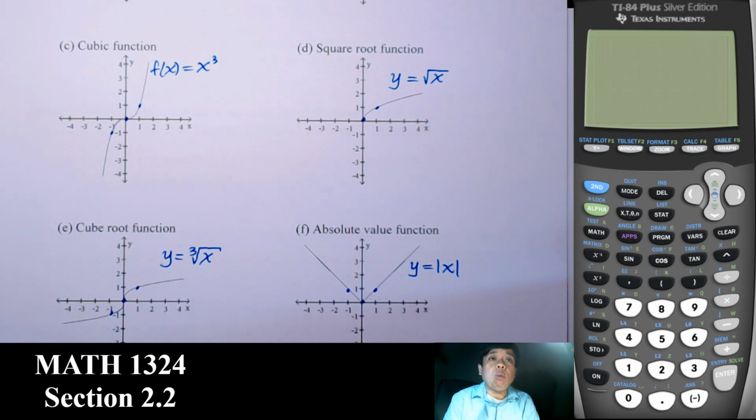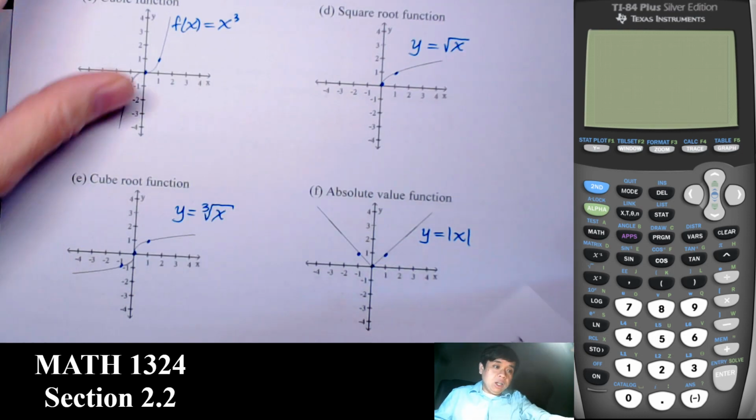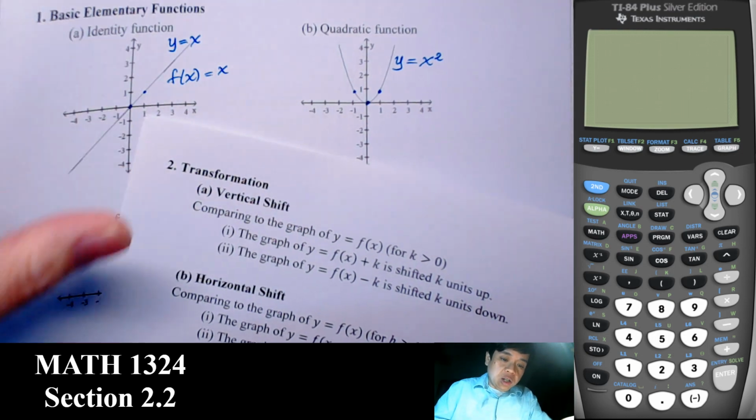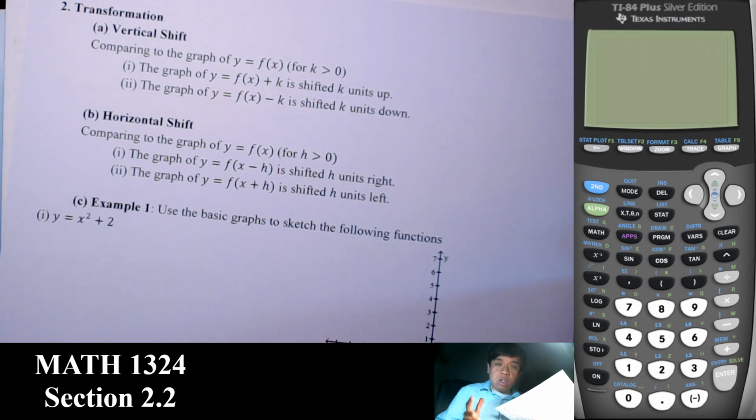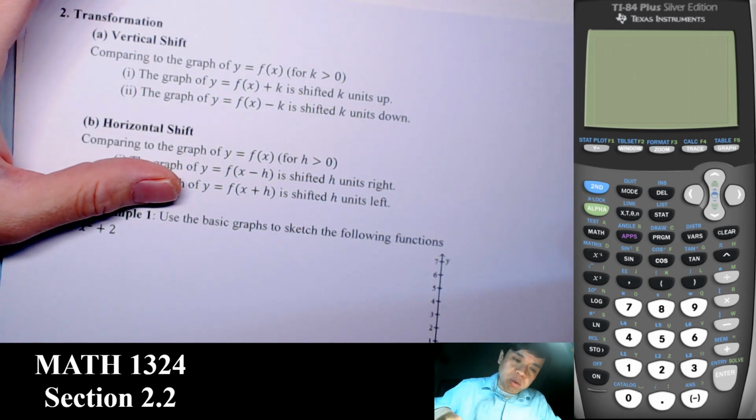Now what we do now is the transformation of these graphs. Like I said, we focus on the transformation and not the graph itself. We might sketch the graph, but as long as we understand how the transformation works, it should be fine.